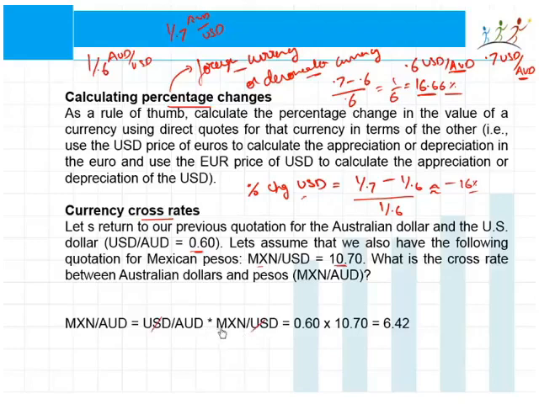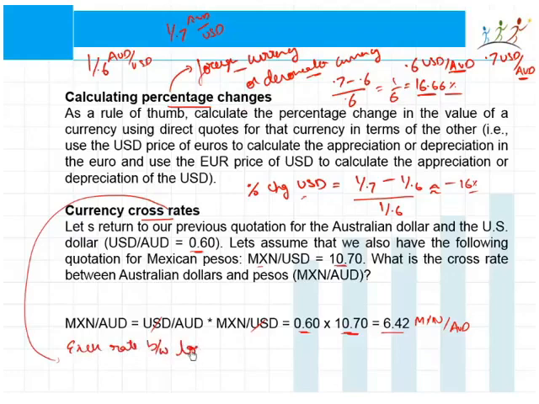The USD will get cancelled. What we'll be left with is MXN upon AUD. So it'll be 0.6 into 10.7, that is 6.42 Mexican peso to the Australian dollar. So remember, the cross rate is the exchange rate between two currencies derived with the help of a third currency.